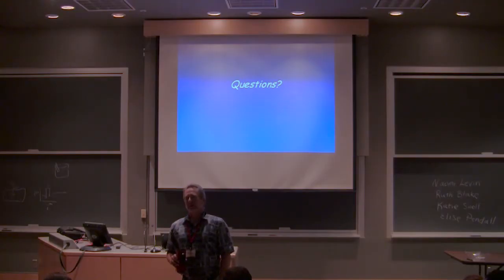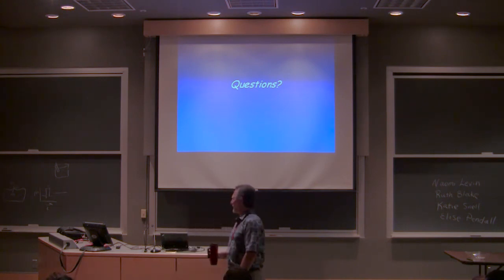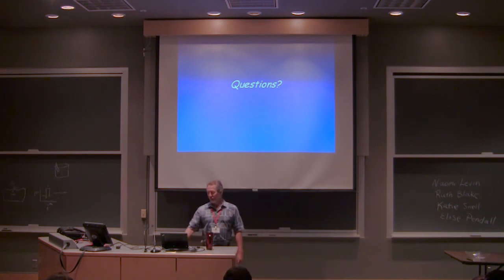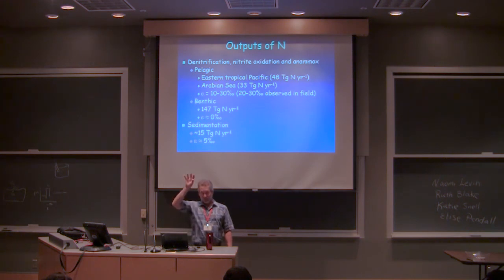There's no simple answer to that question. What is the fractionation associated with the anoxic regions of the ocean? In general, fractionation associated with denitrification within the water column is relatively large, 20 to 30 per mil. But we'll look at experiments on what controls that in a moment.